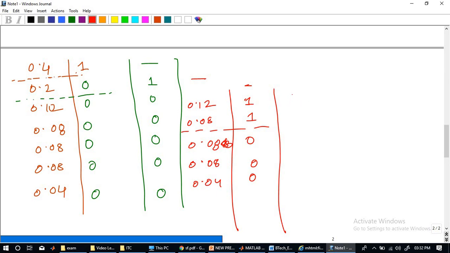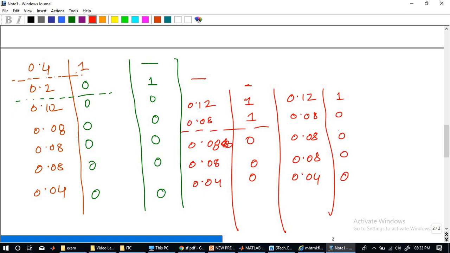So the next step will involve 0.12 as 1 and 0.08 as 0, 0.08, 0.04, and this all will be zeros. Now this is all done because we don't have any other element. So 0.8 will be given a 1, and the rest two will give us 0, 0. And the end result will be 1 here, and this will be 0.